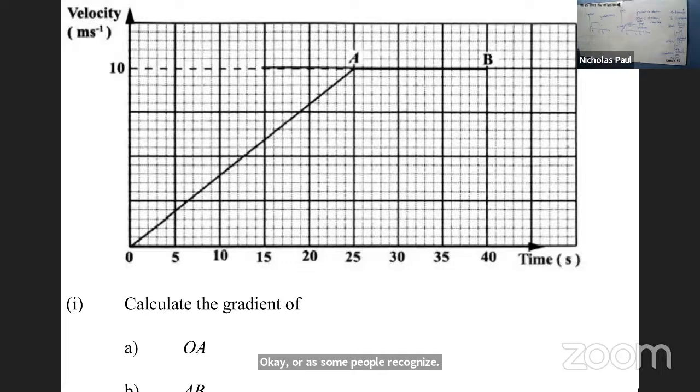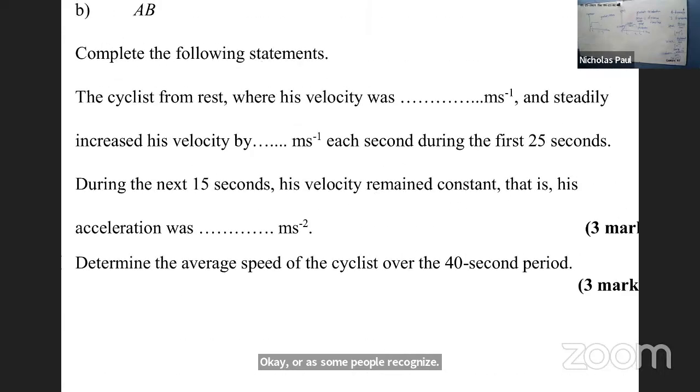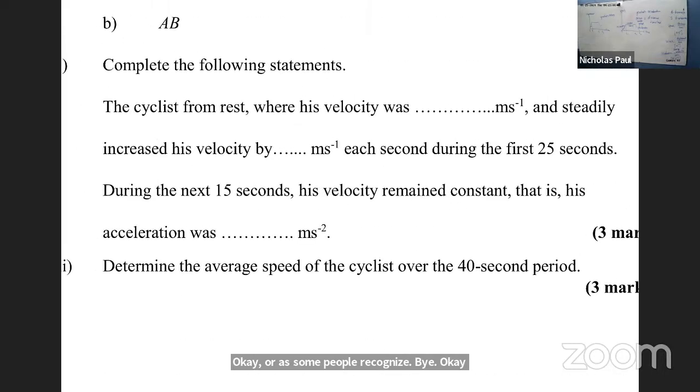So that's what would have made it tricky, right? So the first one is 0, and then it increased its velocity by 0.4 m/s each second during the first 25 seconds.